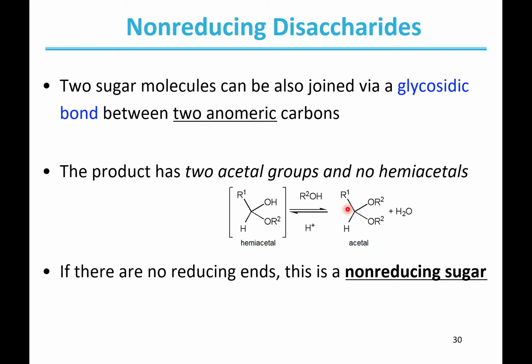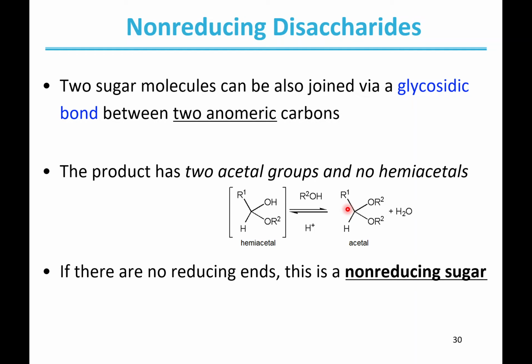But you can also have a case where two sugar molecules are joined by a glycosidic bond between two anomeric carbons. So the anomeric carbon on one sugar can form a glycosidic bond to the anomeric carbon on another sugar. When that happens, you get a disaccharide that has no reducing carbons on it.